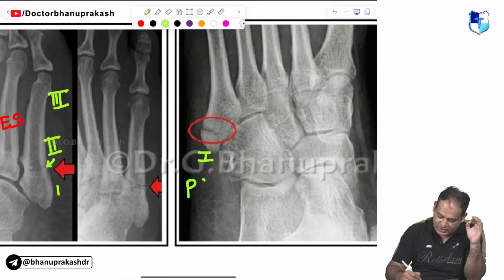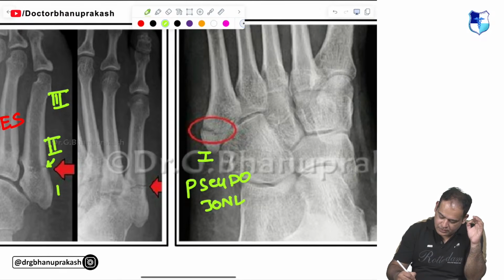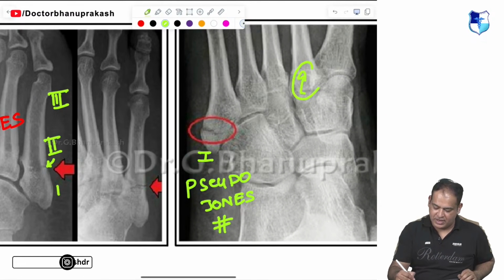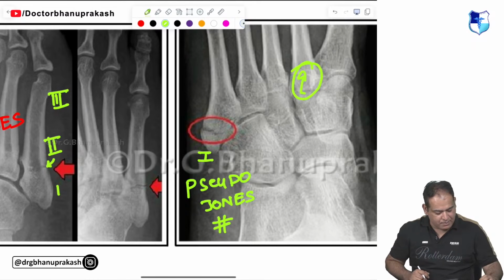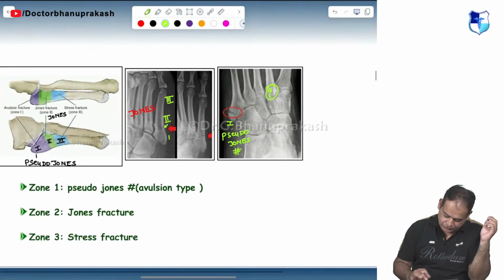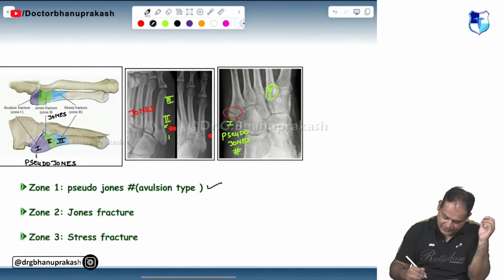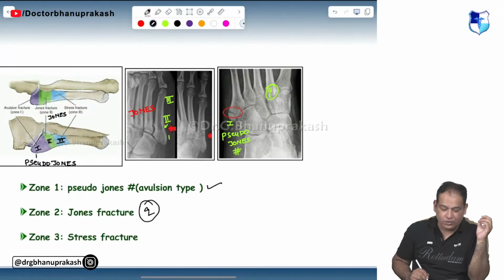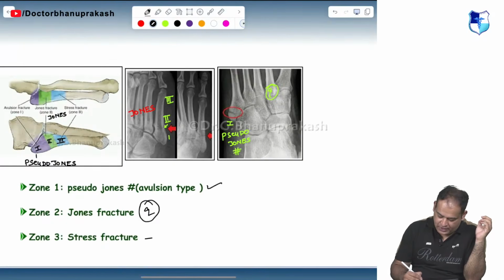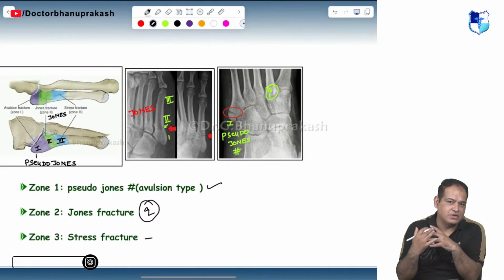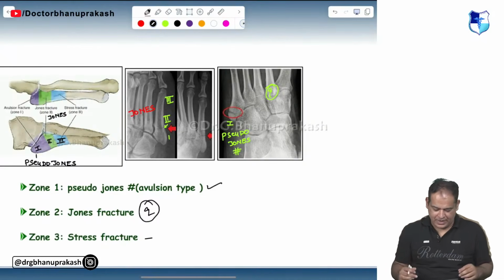So this we will call pseudo Jones fracture. So this image is important, right? So zone 1, pseudo Jones fracture, zone 2 is the Jones fracture and zone 3 is a stress fracture. It occurs in dancers, cheerleaders, right?